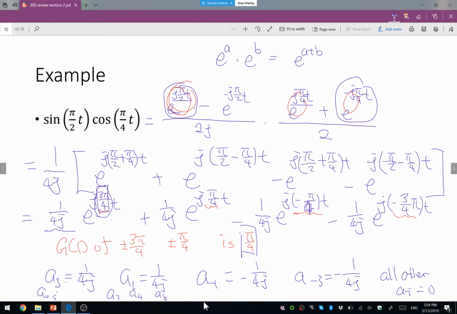You didn't pick the greatest common divisor, so you are getting too small a fundamental frequency.